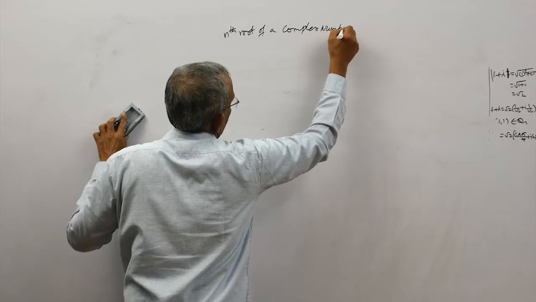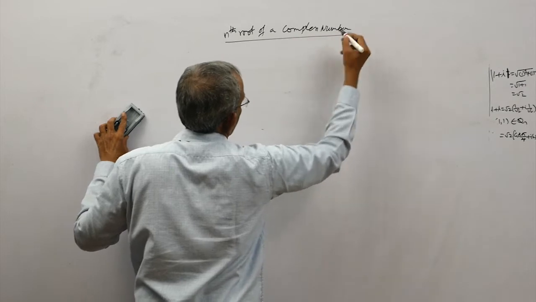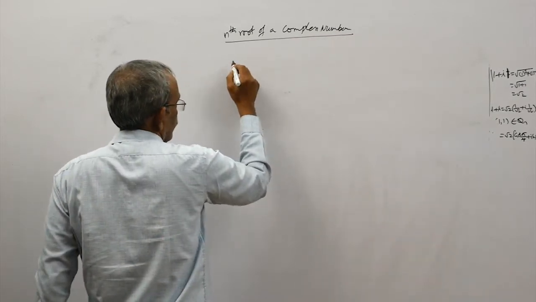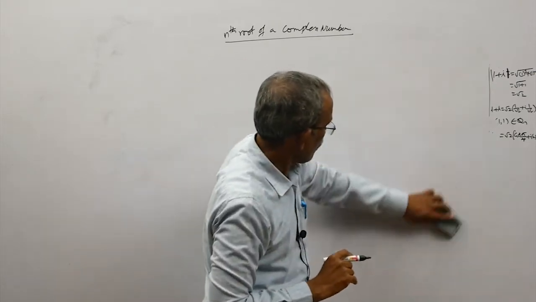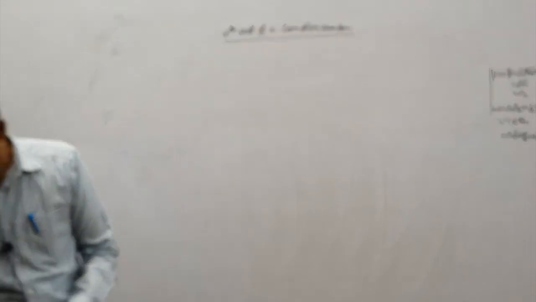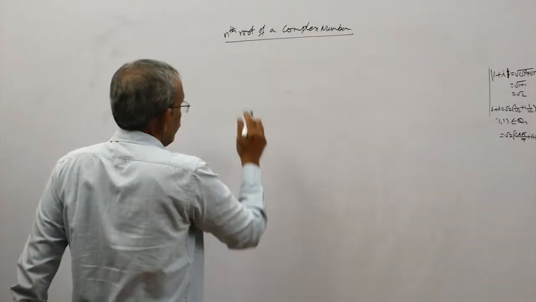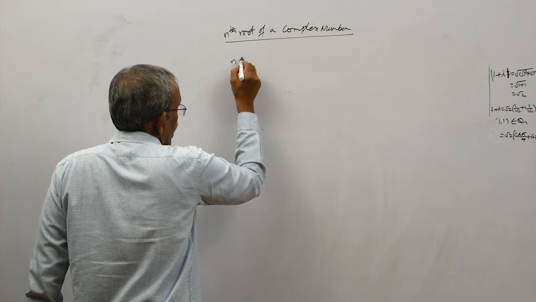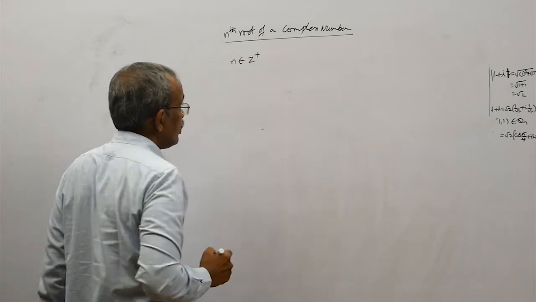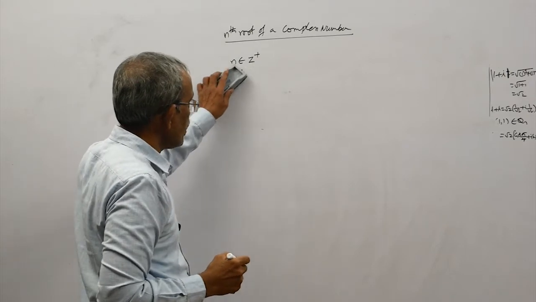Of a complex number. Let n belong to Z plus, n is a positive integer.